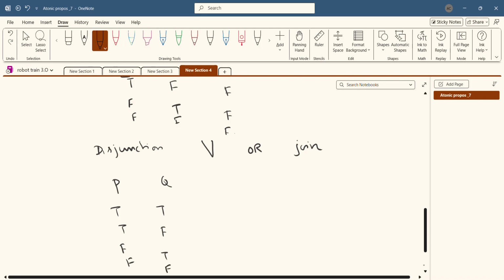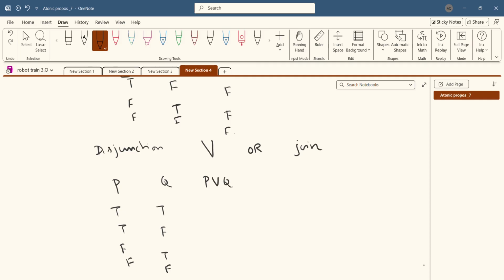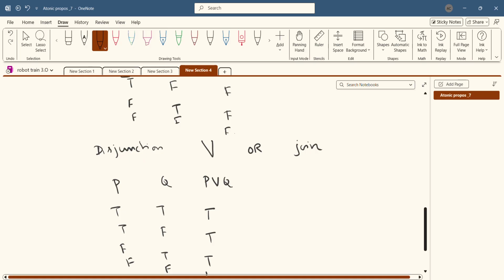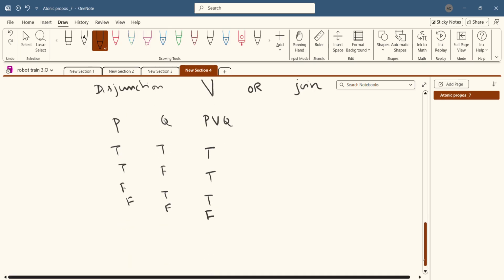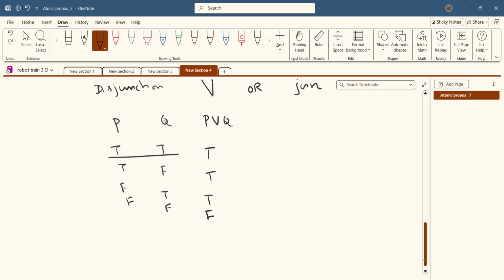So how are we going to write the disjunction of these two simple propositions? P disjunction Q. If the truth value of any one of the propositions is true, then the disjunction of the statement is true. Otherwise, it is false. Okay.